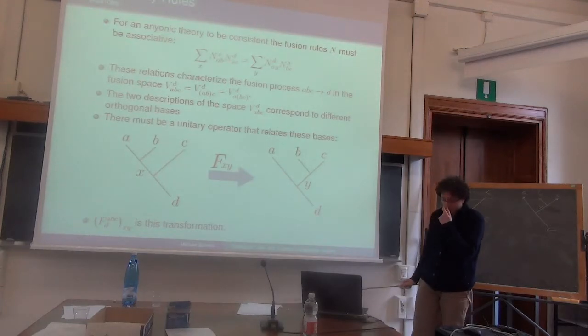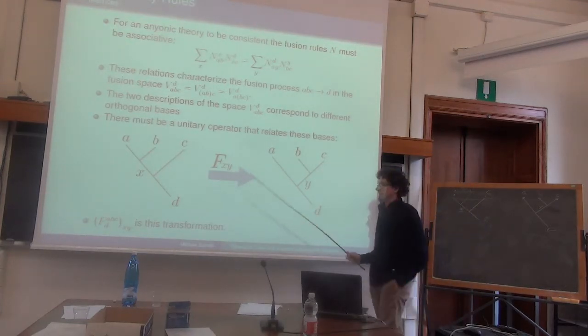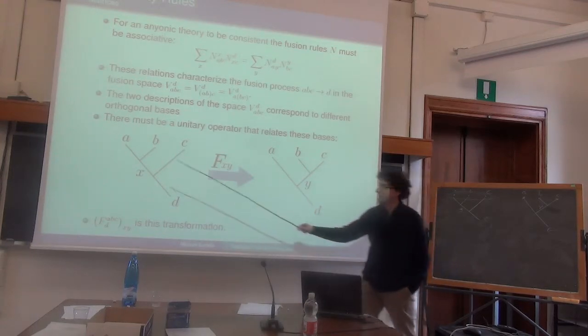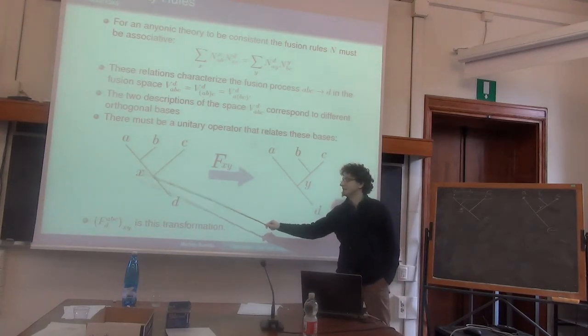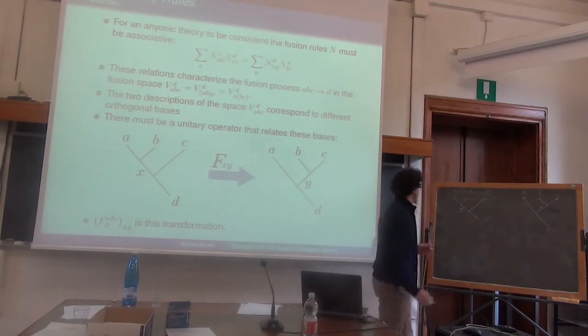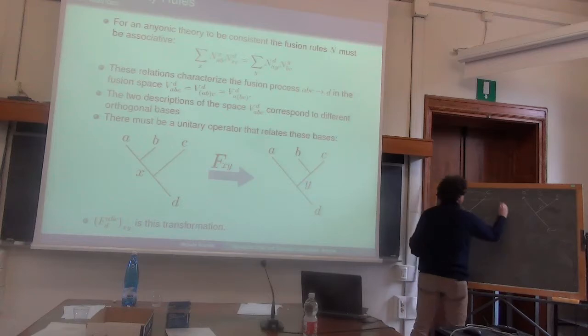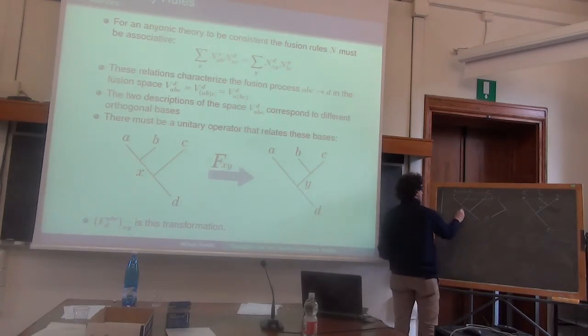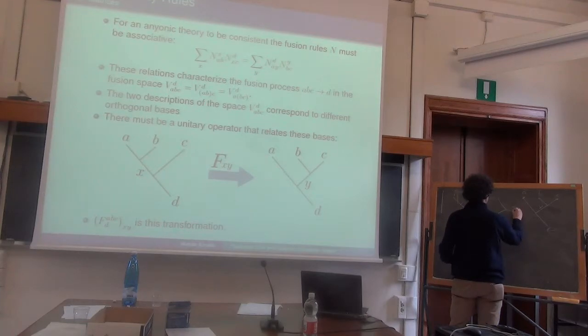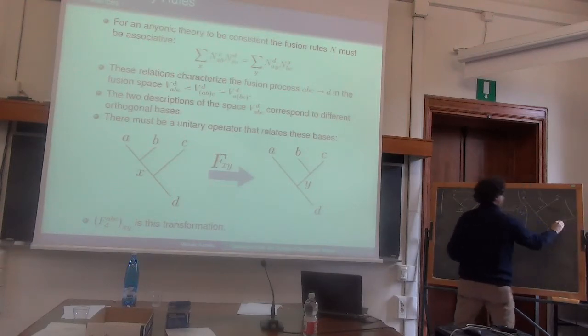So there must exist a unitary operator, a basis transformation, which maps the X basis and the Y basis, so that each state, which I now write as a ket labeled by X, must be written in terms of a sum of some matrix XY times the state in Y.